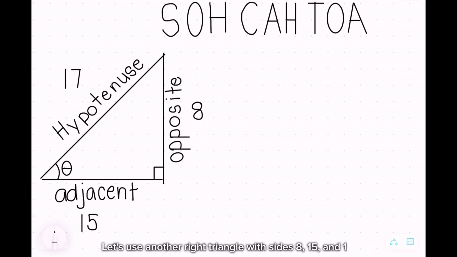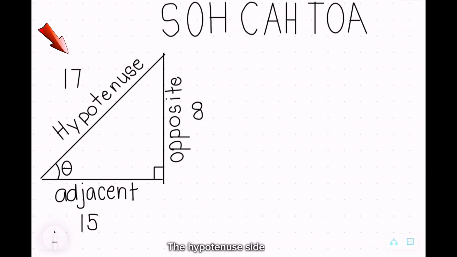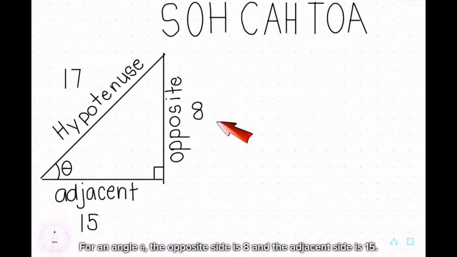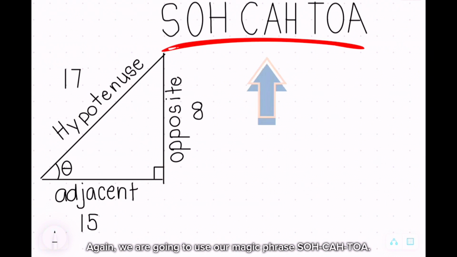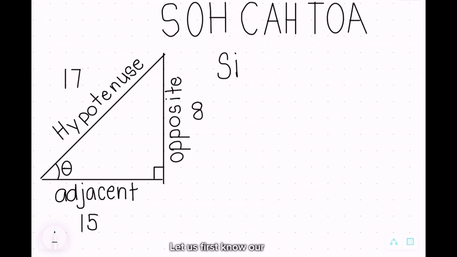Let's use another right triangle with sides 8, 15, and 17. The hypotenuse is 17. For an angle theta, the opposite side is 8 and the adjacent side is 15. Again, we are going to use our magic phrase SOH-CAH-TOA. Let us first find our sine theta.